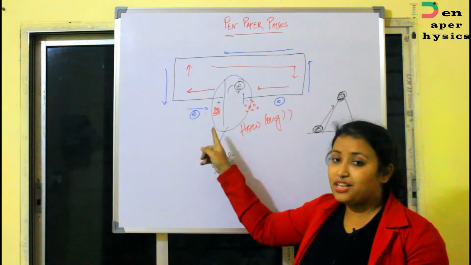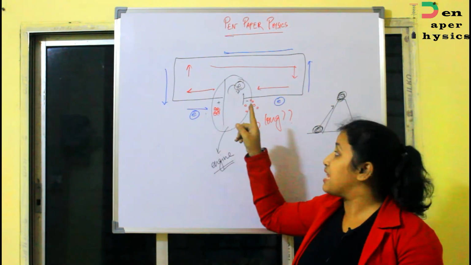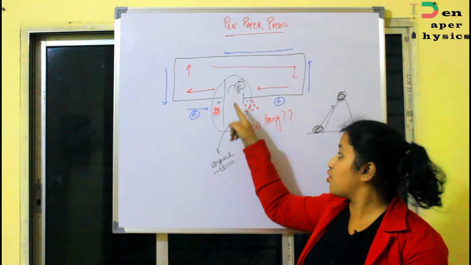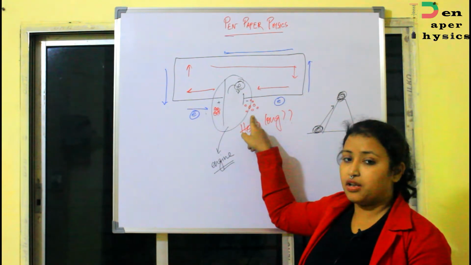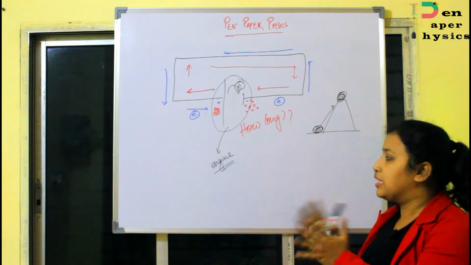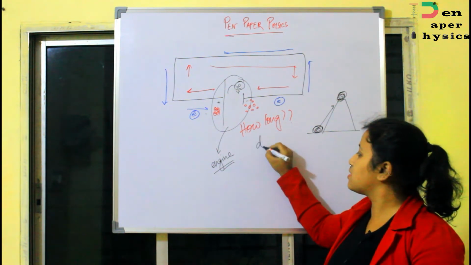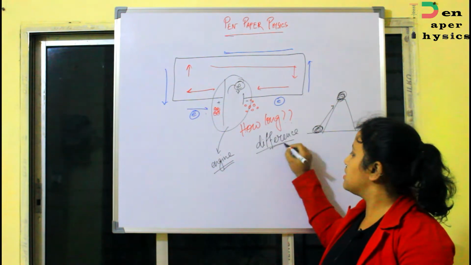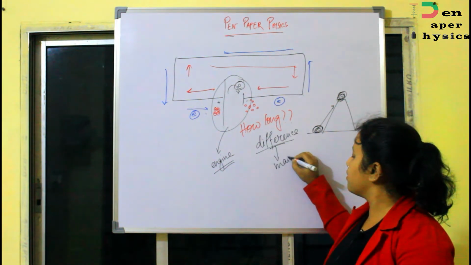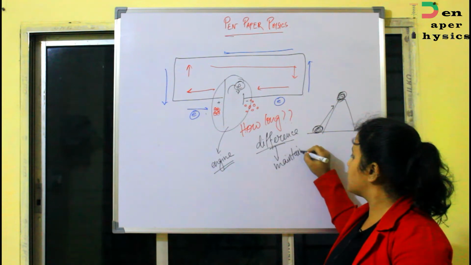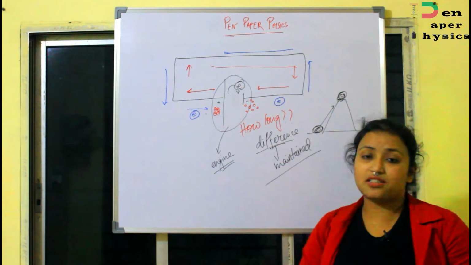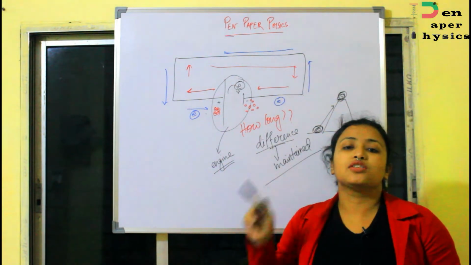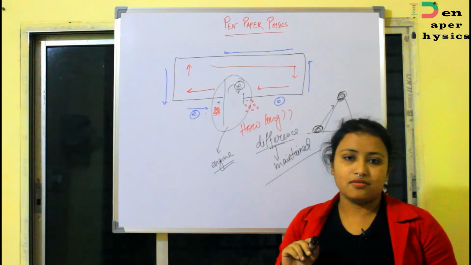But the battery is working over here and sending those electrons back again to this terminal, due to which we are continuously having a difference. The difference is maintained over here, and because of this maintained difference, the current is continuously flowing on.